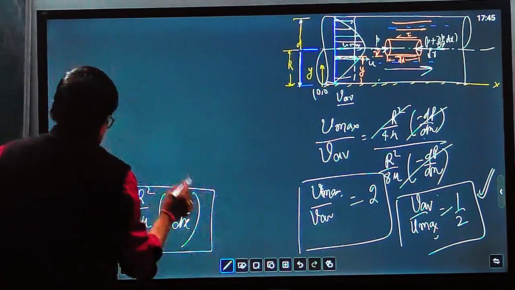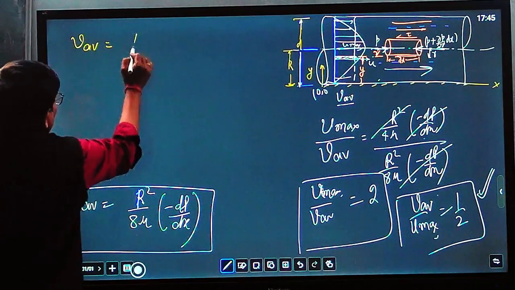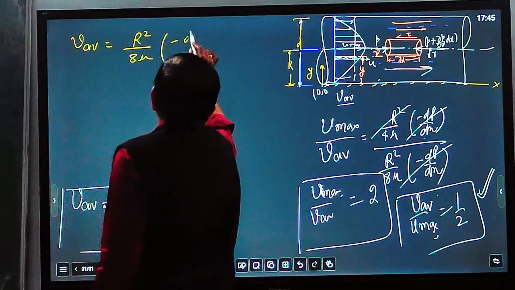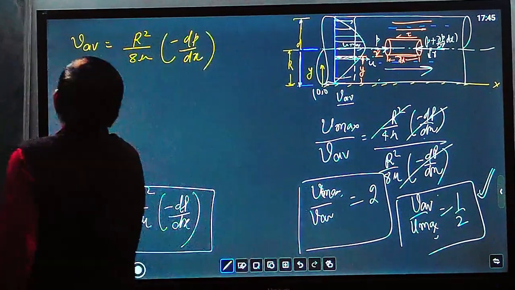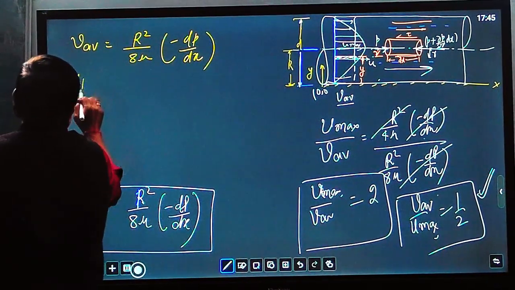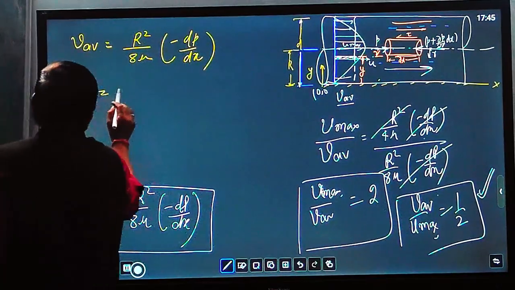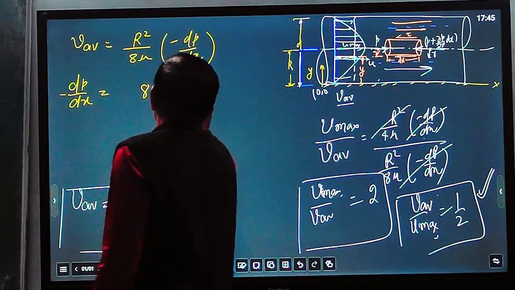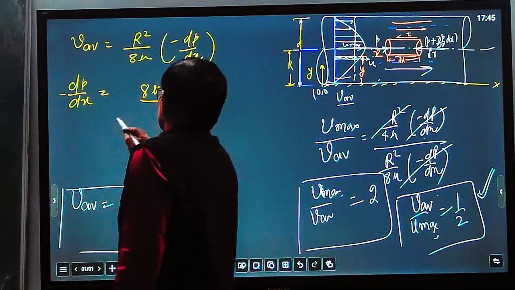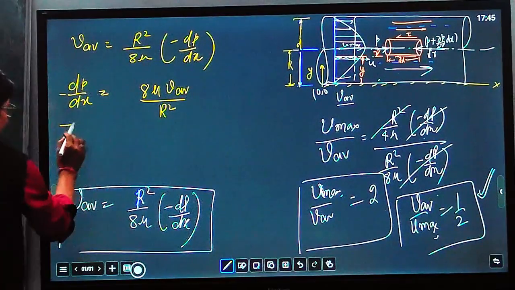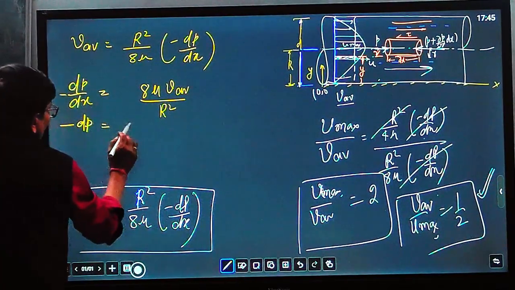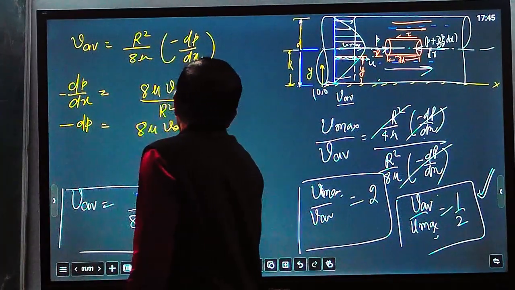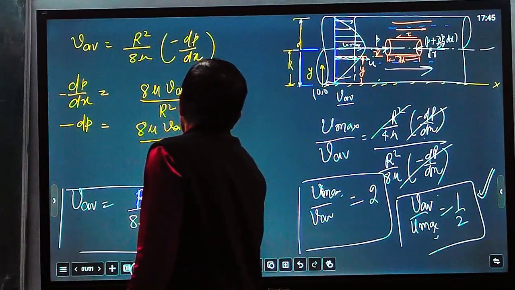This is the average velocity: V average equals r squared upon 8 mu times minus dp over dx. So minus dp by dx equals 8 mu V average upon r squared. Taking dx to the right side, minus dp equals 8 mu V average dx upon r squared.